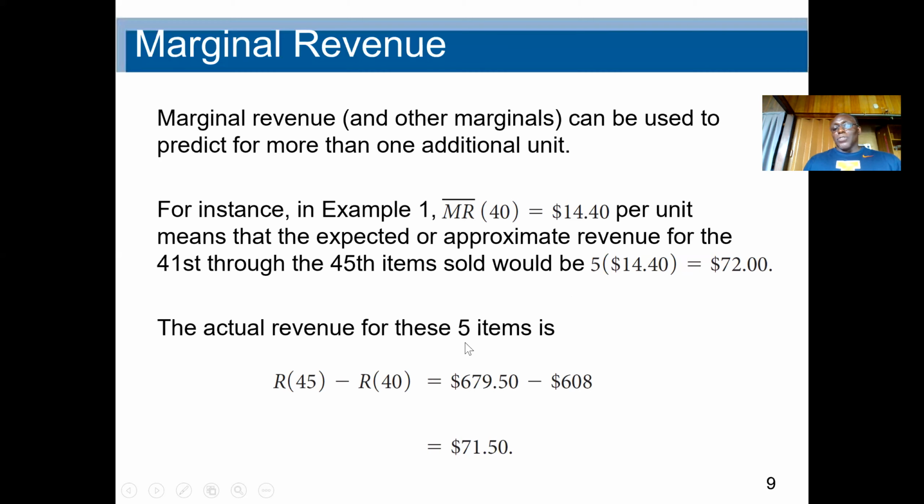And the actual revenue for these 5 items, now we are finding the difference between 45 items and 40, so R(45) minus R(40), gives me $71.50. We can see that it's almost close to using the marginal revenue function, which is the derivative, $72. Here, if we use the actual total revenue function, we get 71.50.